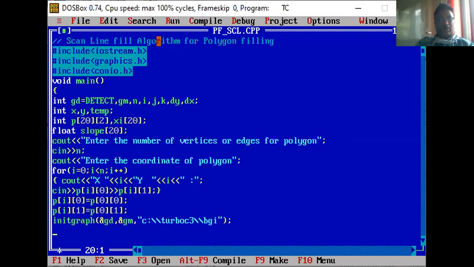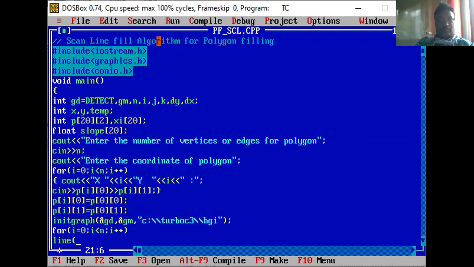For drawing the polygon, again you have to start the loop for i = 0, i less than n, i plus plus. This is my loop you have to start. Now here you have to draw the polygon line wise. So a simple inbuilt line function you have to use here. So I am using line. Okay, so that is my polygon.